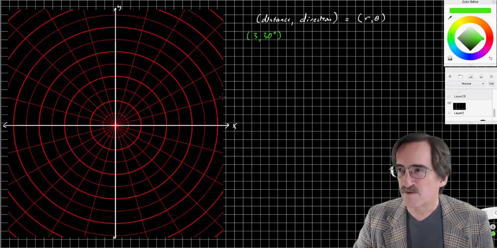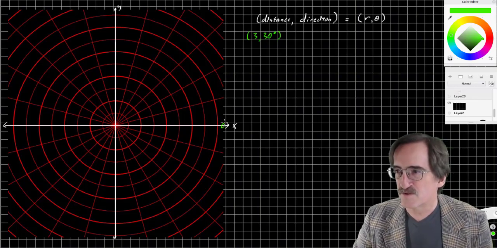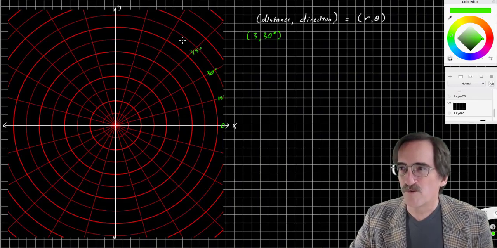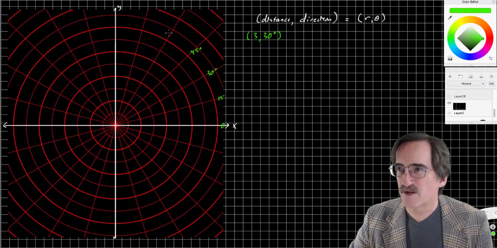So let's mark those angles: 0 degrees, 15 degrees, 30 degrees, 45 degrees, or multiples of pi over 12 if you're talking radians, 60 degrees, 75 degrees, and 90 degrees.